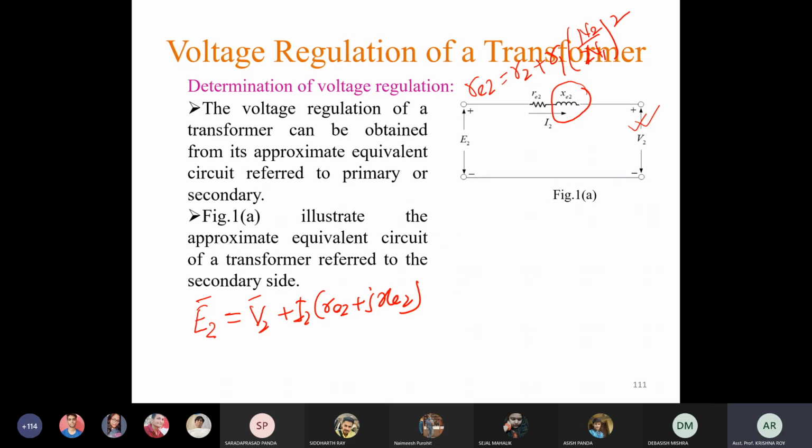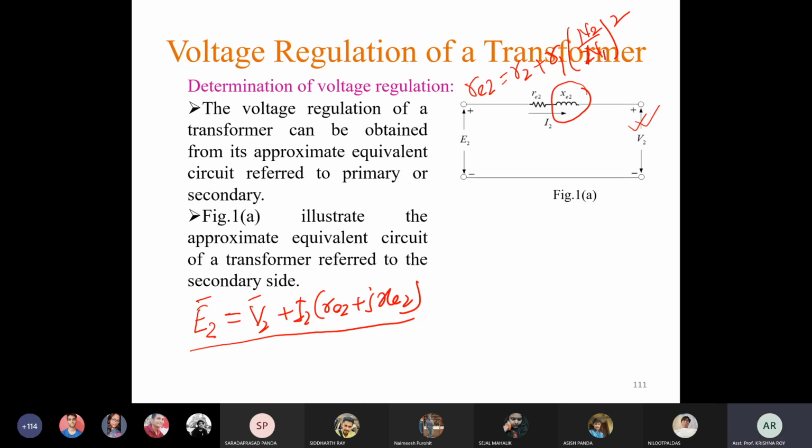So we have only this circuit, and for the secondary side we have only this equation. For this equation only, how to draw the phasor diagram? First of all, draw V2 along the positive y direction, that means vertically upward. Then draw I2 lagging it by an angle of, suppose, theta 2.